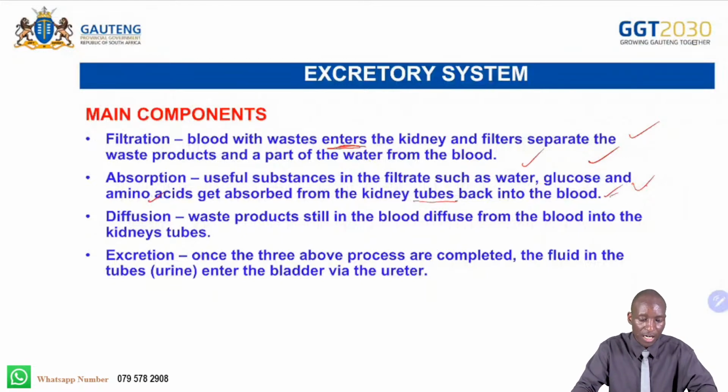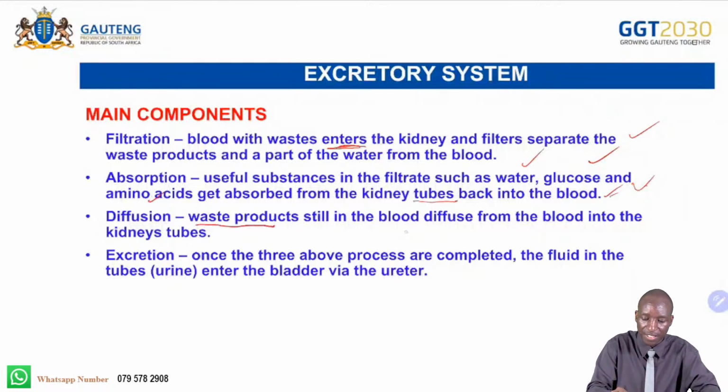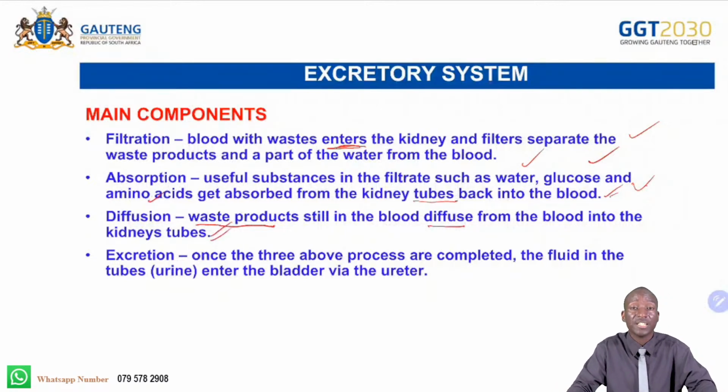Now, when absorption is complete, what happens? There's now diffusion, whereby waste products still in the blood diffuse from the blood into the kidney tubes. Then finally, excretion takes place.